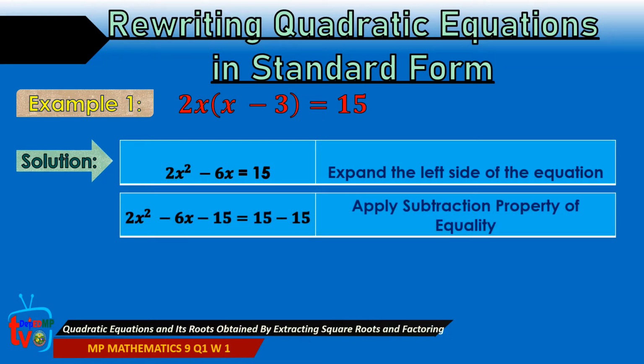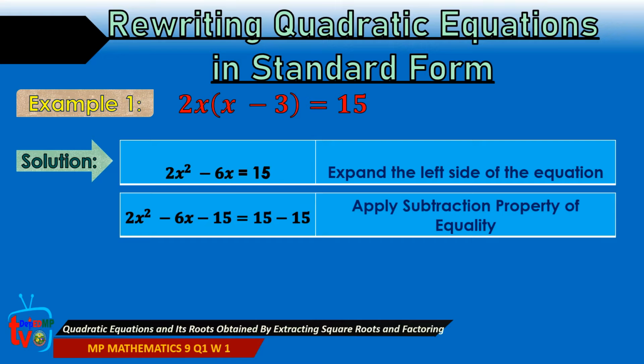Next, we are going to apply subtraction property of equality. Remember that subtraction property of equality means we are going to subtract the same value from both sides of the equation to maintain its equality. So for this case, we are going to subtract 15.